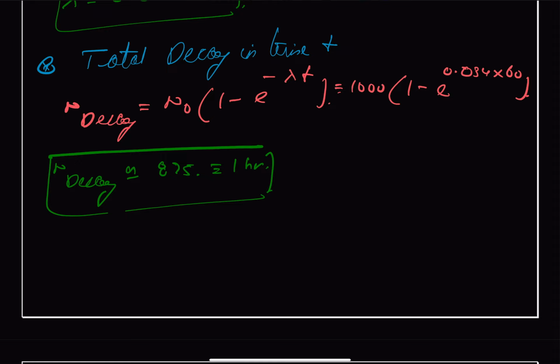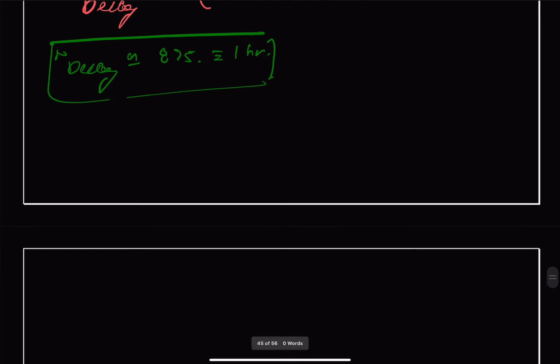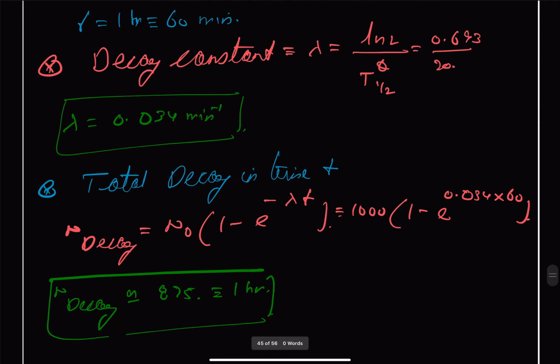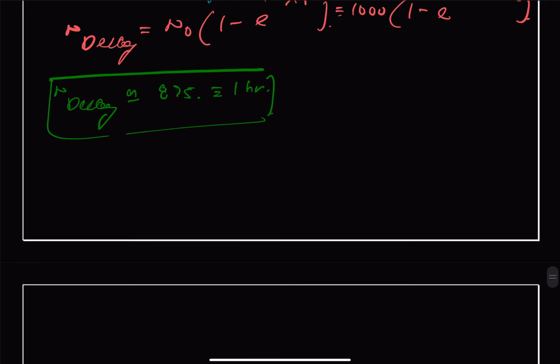Now we have to find out the number of alpha decays in the first hour, and the probability is given to us as 60%. Therefore you can say the number of alpha decays will be equal to 60% of total decay.